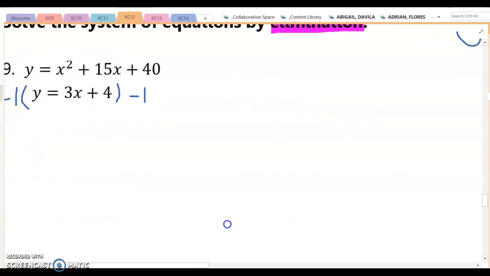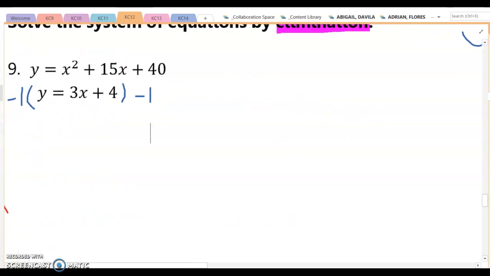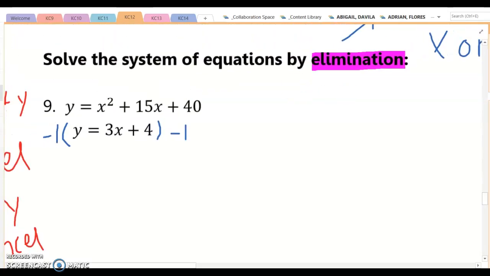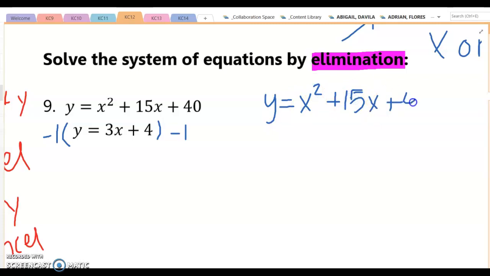So we're going to rewrite what we have now with our new equation. The first one always stays the same. So our first one is still just y equals x squared plus 15x plus 40. But now we're multiplying this whole second equation by -1, so everything is going to become negative.